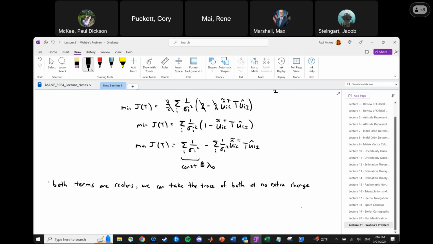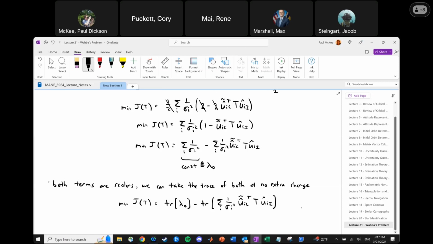So the min of J of T is the trace of lambda naught minus the trace of the sum over all I, 1 over sigma I squared, U_I transpose T U_I. Okay, so we just took the trace.